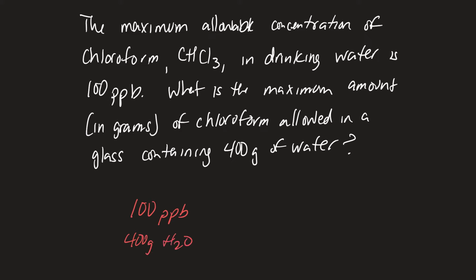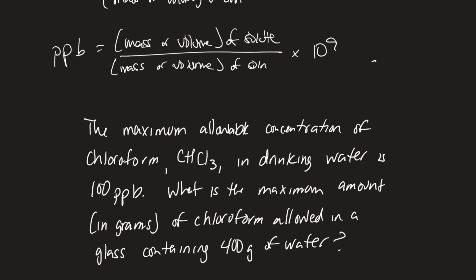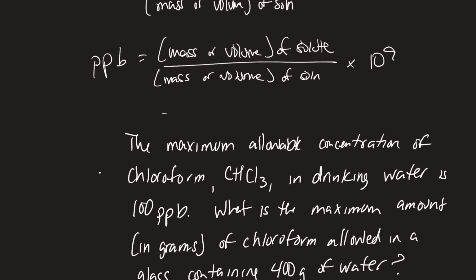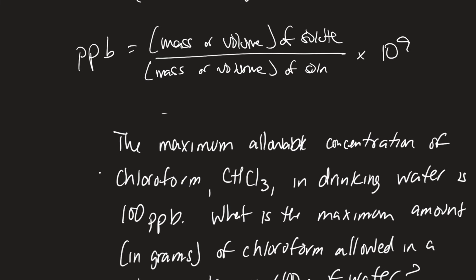Let's tackle this so we can see what's going on. Remember from the equation I showed you earlier, parts per billion is, in this case, the mass of the solute divided by the mass of the solution times 10 to the ninth. That's what parts per billion is.